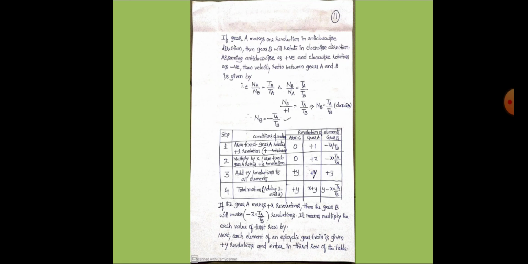Gears A and B are directly in mesh with each other, and they rotate in opposite directions, so one can find the velocity ratio between them. What is the velocity ratio? The ratio of the speed of the driver to the speed of the driven, NA by NB, is equal to the reciprocal ratio of their teeth, TB by TA. Or I can write NB by NA equals TA by TB, vice versa.